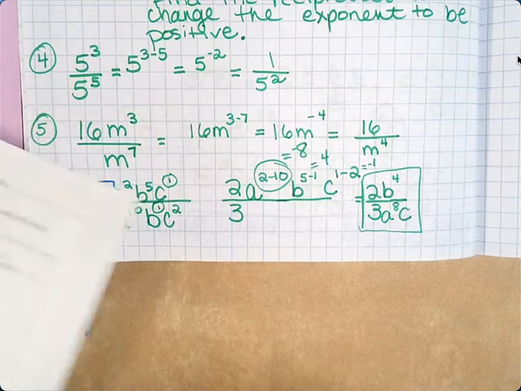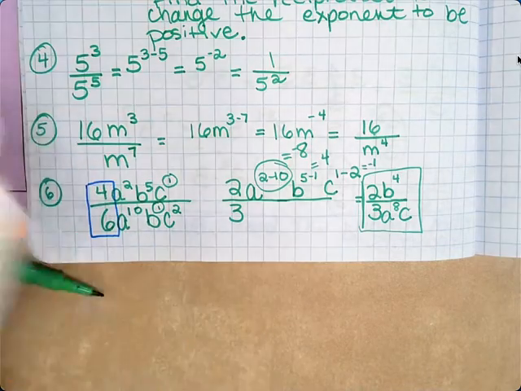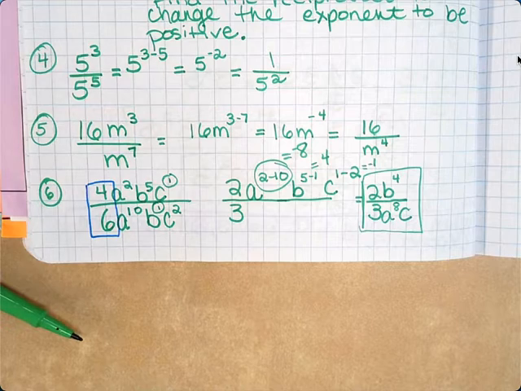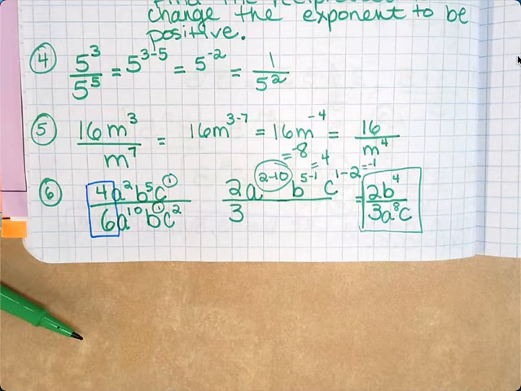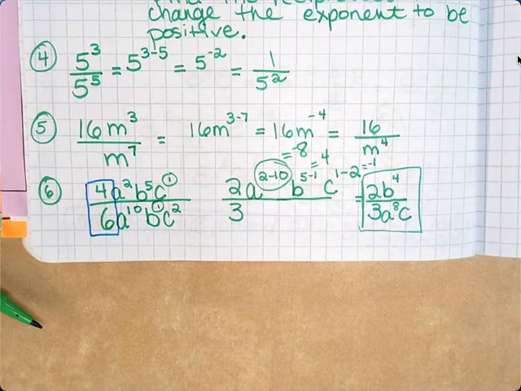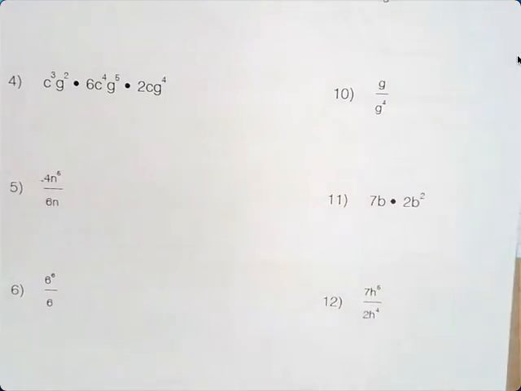Okay, last week you had an assignment. It said multiplying exponents. You're going to finish that now that you've learned these. I think on the back you were supposed to skip a few, so you're going to do those now.